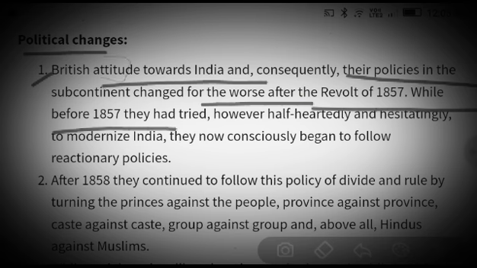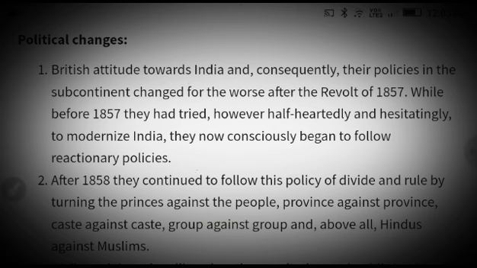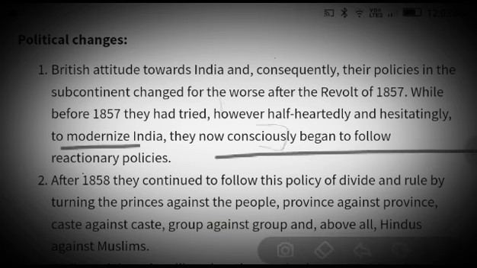Before 1857 they had tried, however half-heartedly and hesitatingly, to modernize India. They now consciously began to follow reactionary policies. It is very, very important. So now they follow reactionary policies.